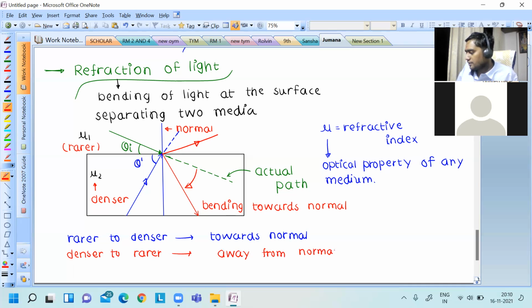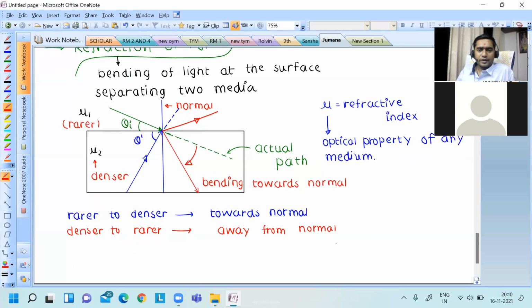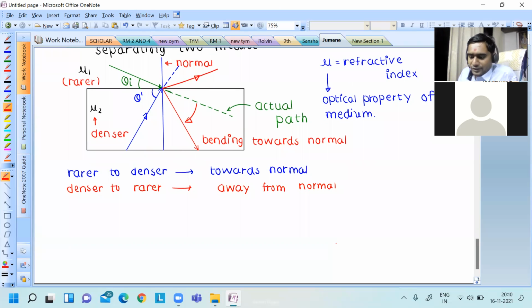Got this point? Okay. Then now, your question was whether the speed of light is affected or not. Of course, it is affected. The formula for the refractive index, mu, is actually C over V. C is the speed of light in vacuum.